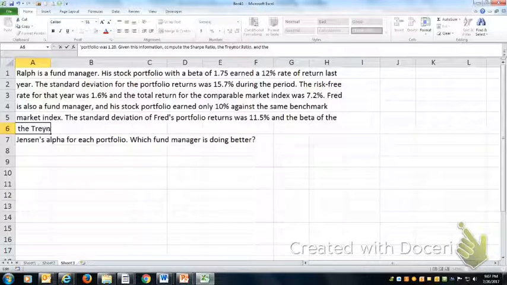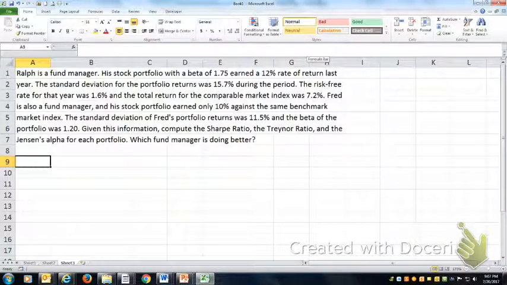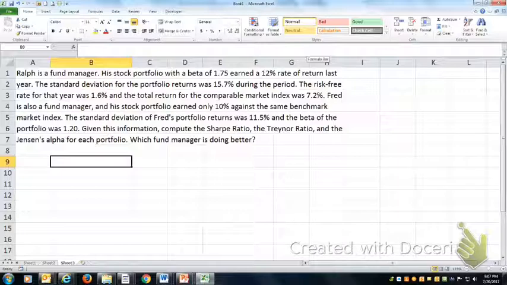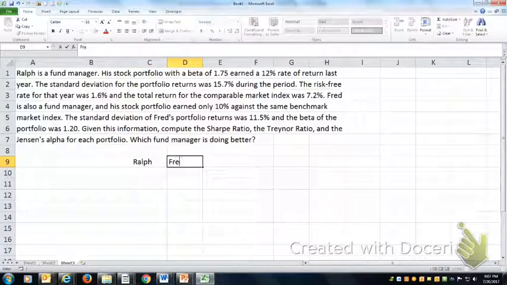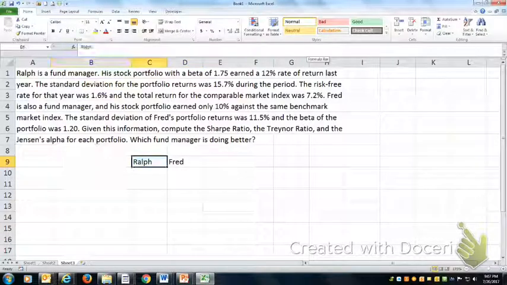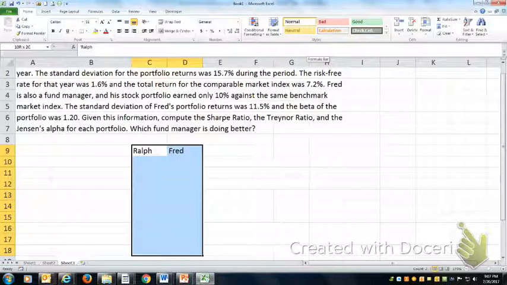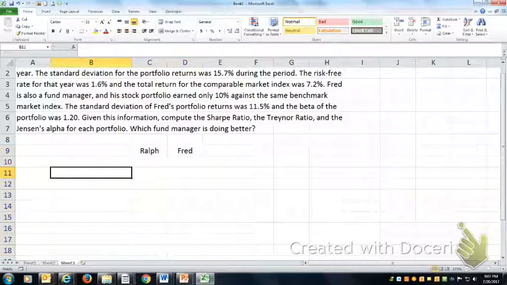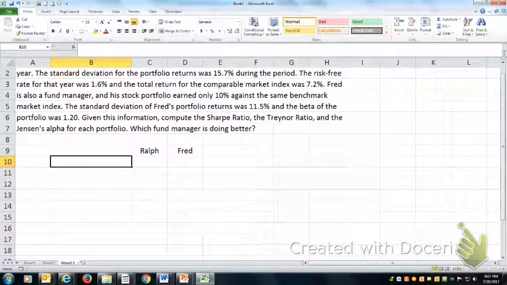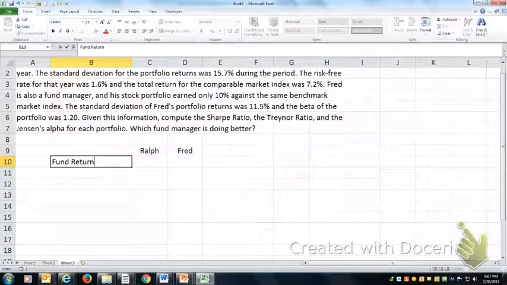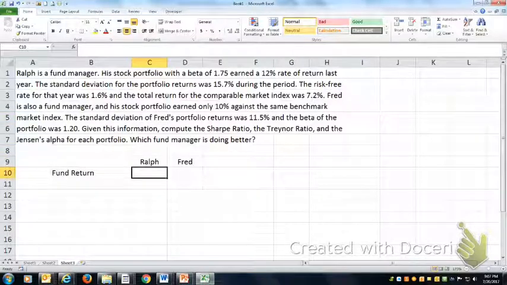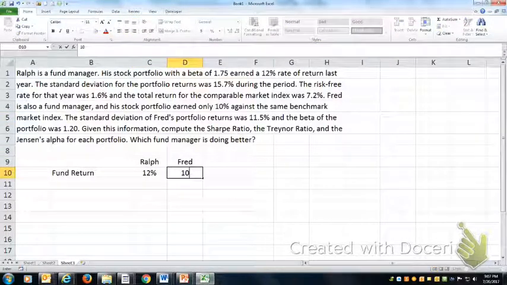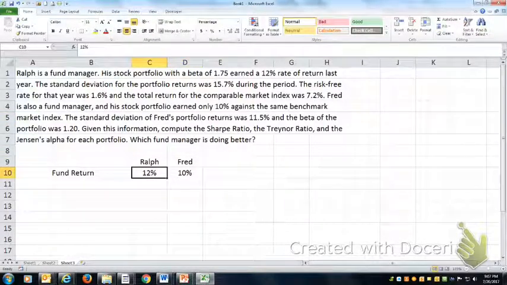Treynor, T-R-E-Y-N-O-R. All right, so first we'll start writing down the information we have for Ralph and for Fred before we start doing any computations. The fund return: Ralph earned 12%, Fred earned only 10%.